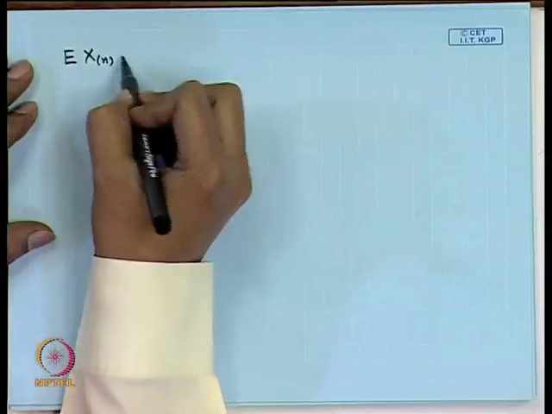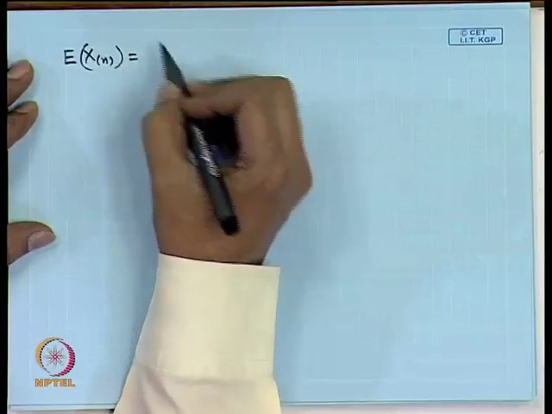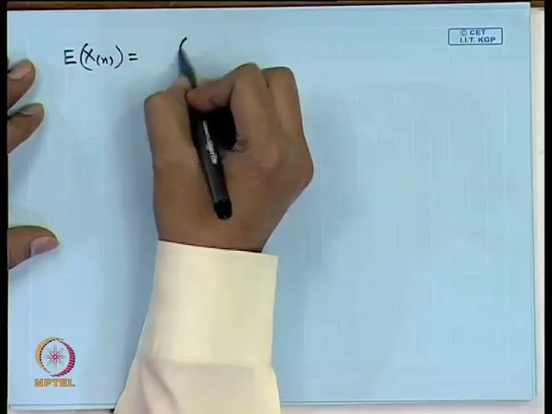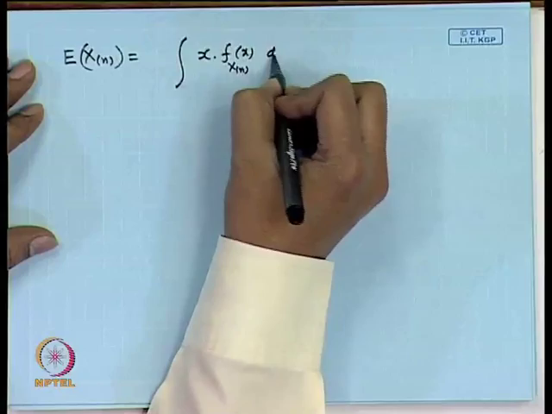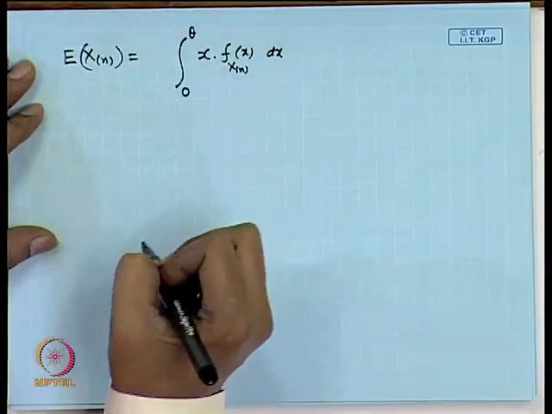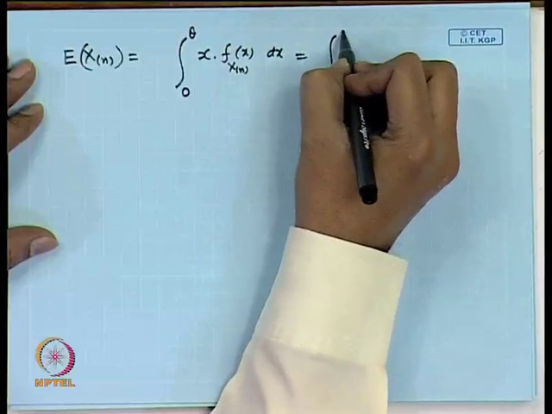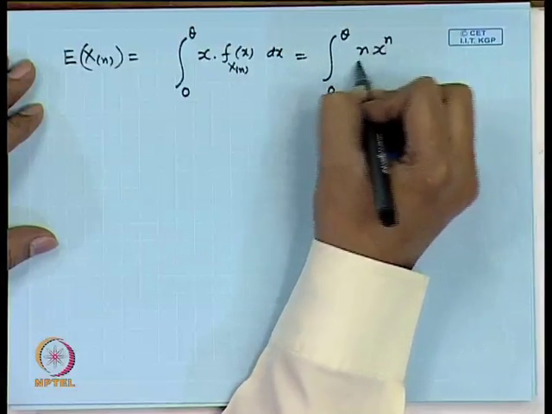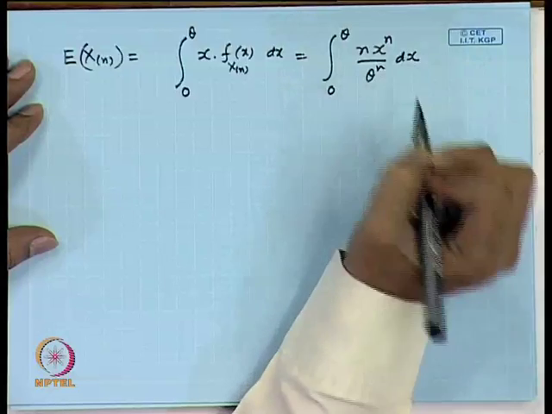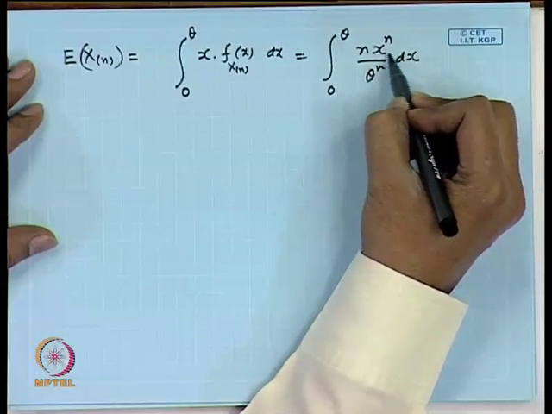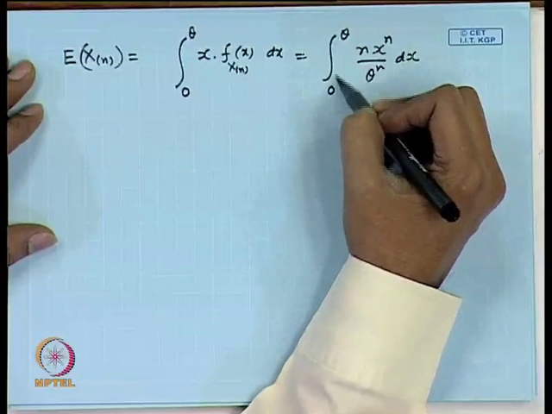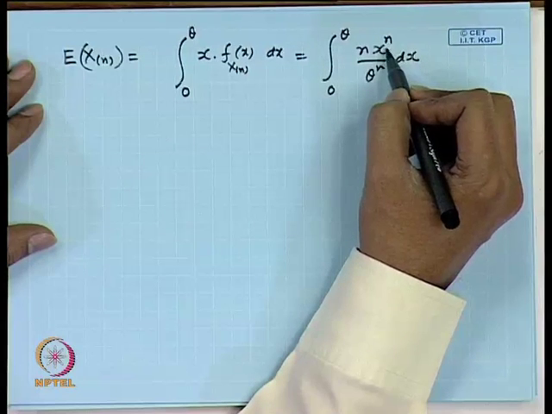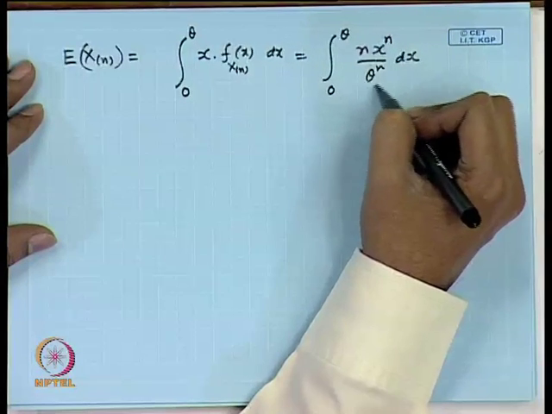Let us consider say expectation of x n now. So, expectation of x n is equal to integral x into the density function of x n from 0 to theta, that is equal to integral 0 to theta n x to the power n by theta to the power n dx. So, as we can see easily, the integral of x to the power n will be x to the power n plus 1 by n plus 1, and if we substitute the limits from 0 to theta, I will get theta to the power n plus 1, and in the denominator I have theta to the power n.